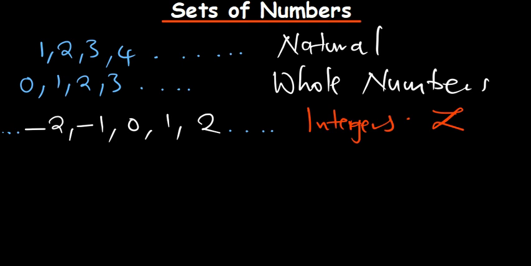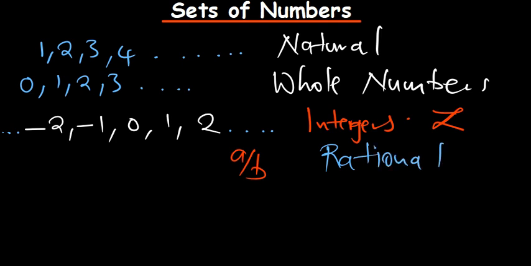The other sets of numbers we can look at are rational numbers. Rational numbers are numbers that can be expressed in the form a over b. All the numbers we've talked about so far are rational, in that they can be expressed in the form a over b.